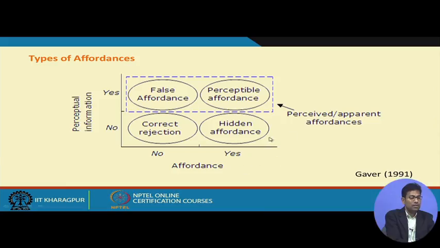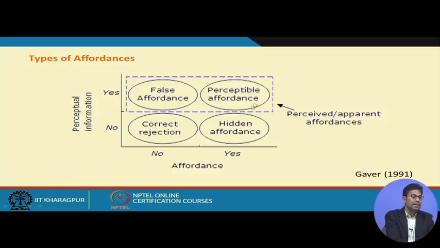So there is a small hint of affordance somewhere. Maybe there's a line all around it by which you can think there's a door there. It is giving you some kind of affordance, but there is no clear perceptual information. So a false door is a good example where you are getting a hidden affordance. The affordance is there but it is hidden.